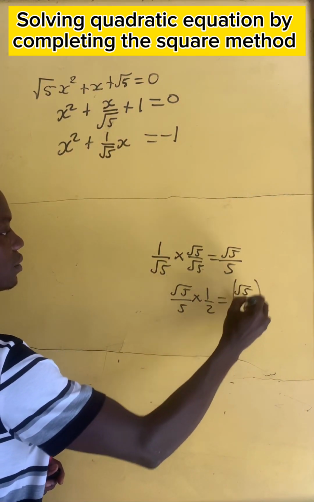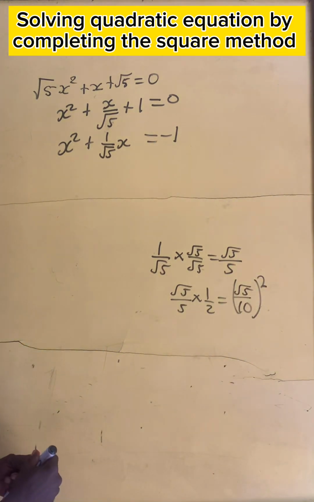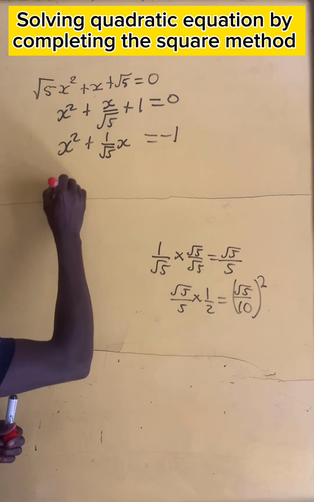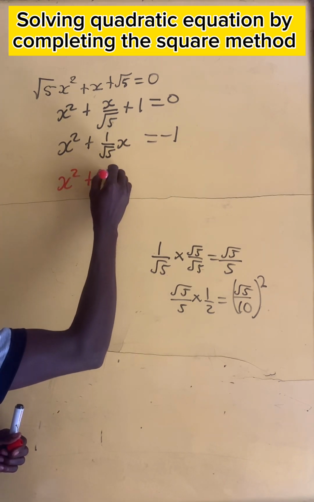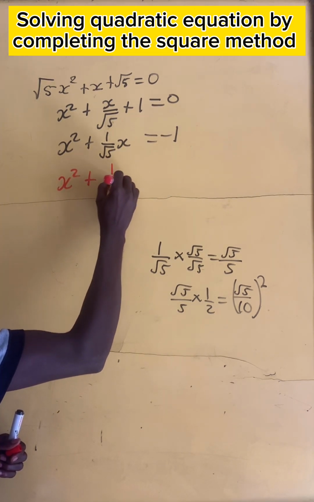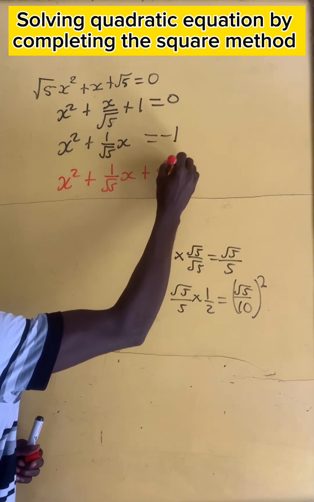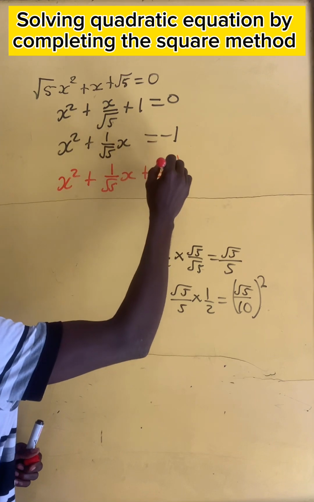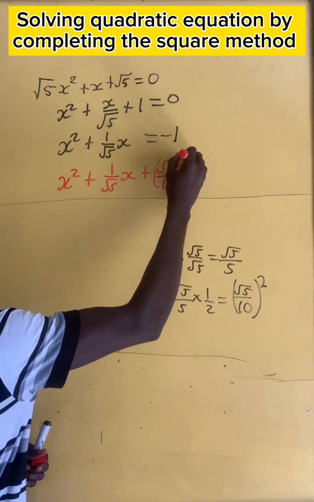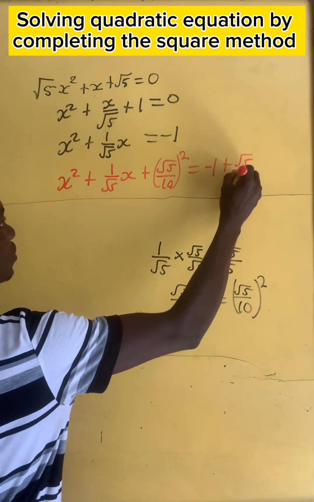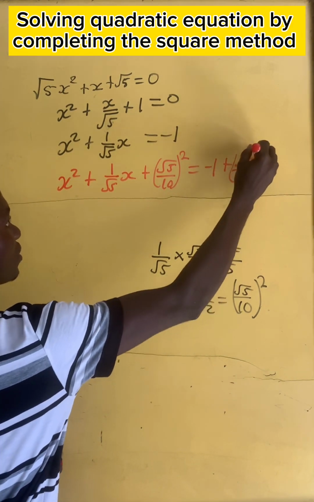Then we square it. So we have x squared plus 1 on root 5 x plus root 5 on 10 squared equals negative 1 plus root 5 on 10 squared.